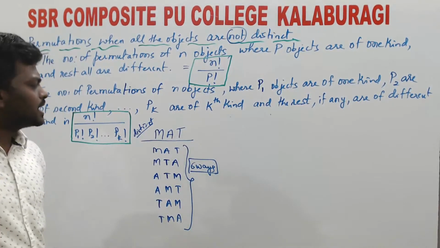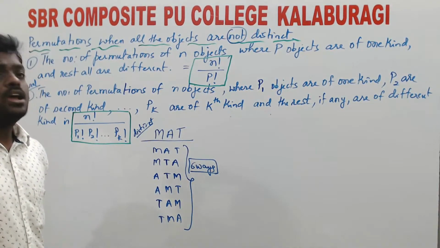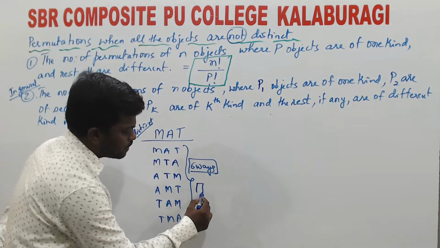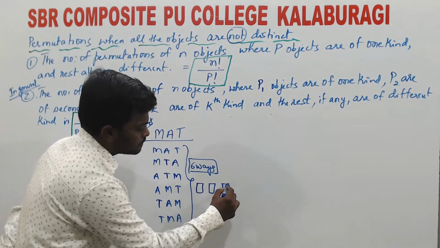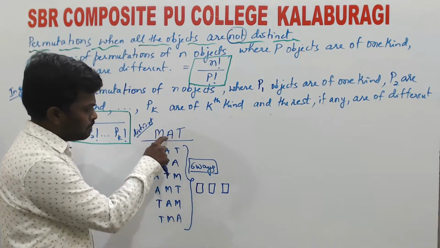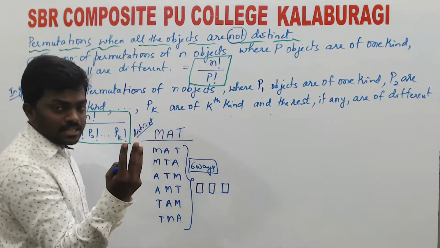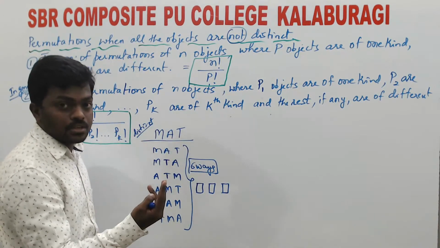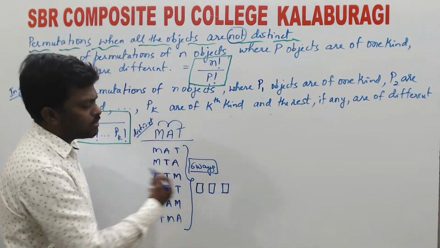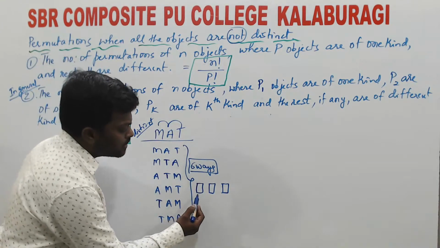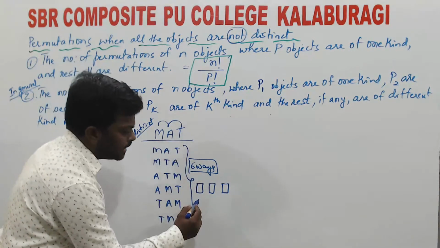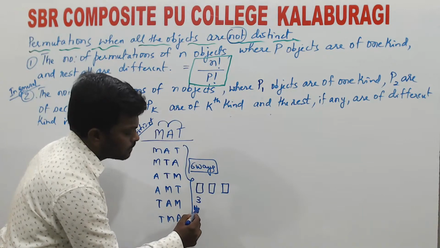We can also see this by the fundamental principle of counting, the box method. There are 3 letters, and these 3 letters have to be rearranged among three different places. The first box can be filled by either M or A or T, so three ways.